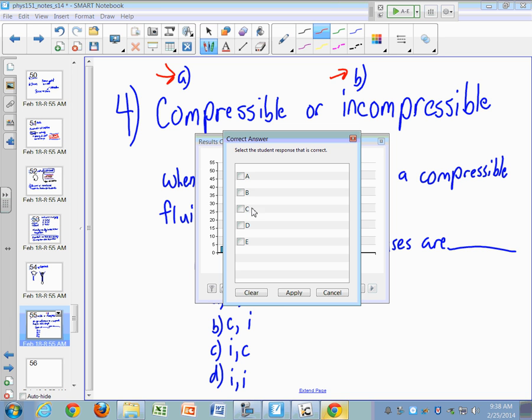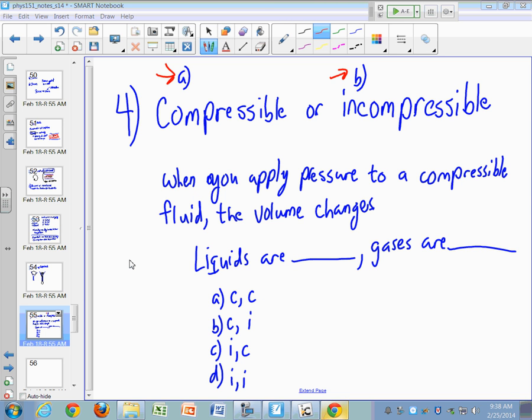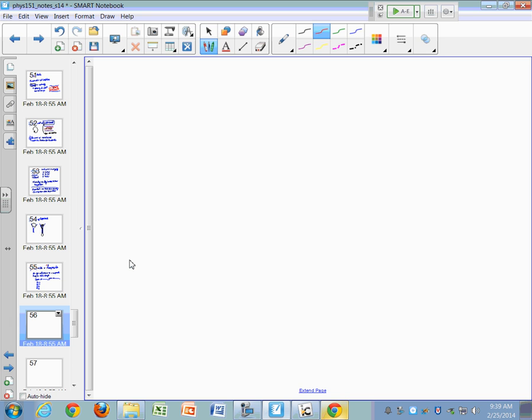All right, B, right. It is incompressible, like blood, for example. We'll apply this to blood later on. And then the fifth thing, and the final attribute, is laminar versus turbulent. So this is the fifth characteristic.